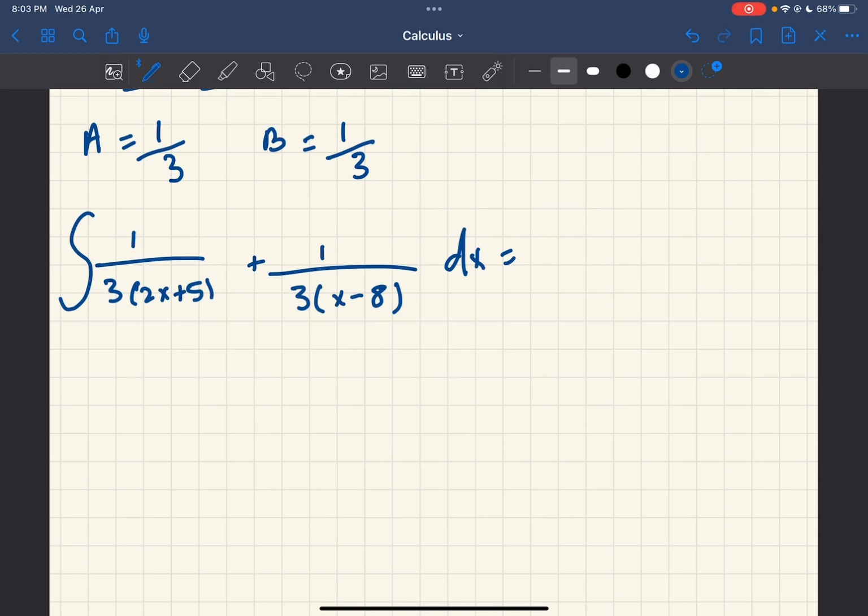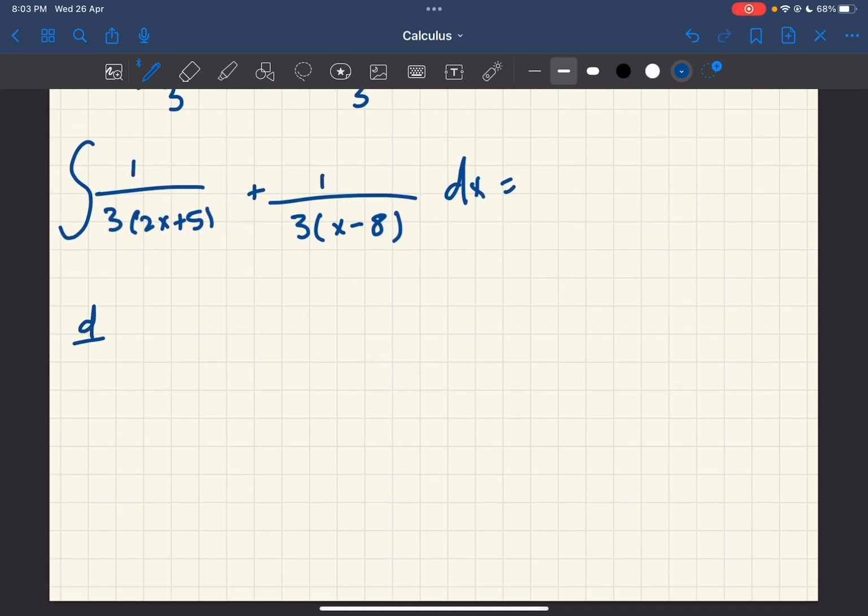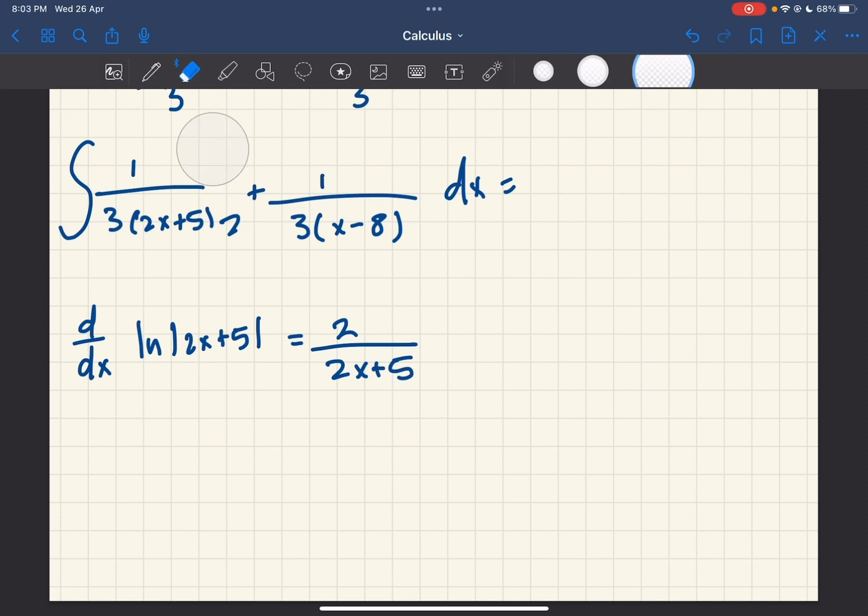So there's a couple of points that I have to state so we can continue on and solve the first part of the integration. We have to know that the derivative, d over dx of ln of the absolute value of 2x plus 5, equals 2 over 2x plus 5. So that means that we need to multiply by 2 here and 2 here.